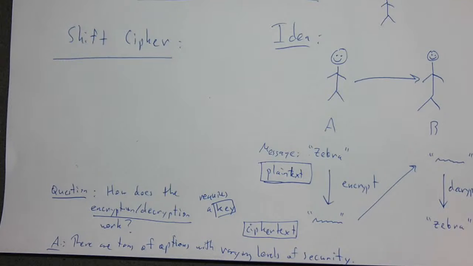So it appears that I'm at an impasse here because I need person A and person B to both possess the key. Person A needs the key to encrypt the plain text, and person B needs the key to decrypt it. So why is that an issue?